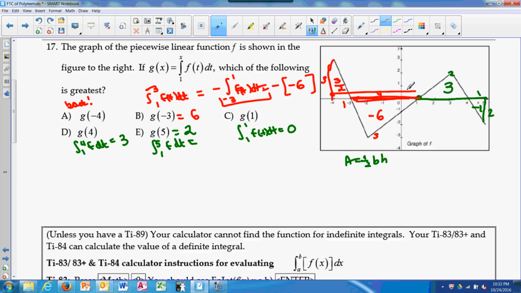So going backwards from 1 all the way to negative 4 means I'm gaining 6 and losing 3/2. So that makes this one 4.5. So the greatest value that I have is B. So if I'm going in reverse and undoing a loss of 6, that would be the largest value.